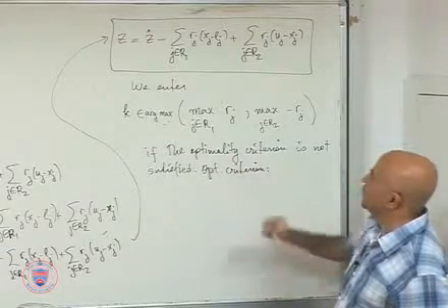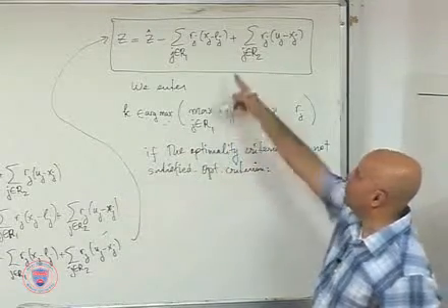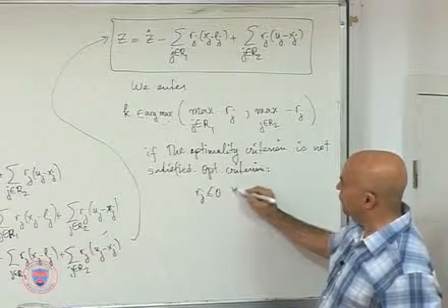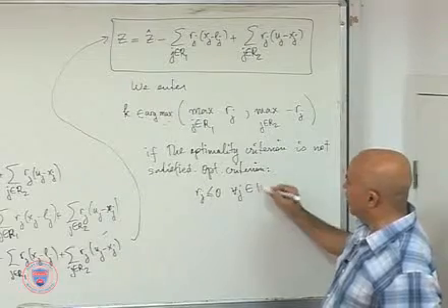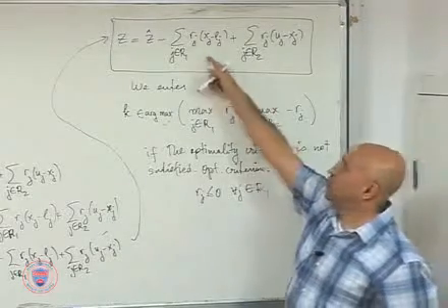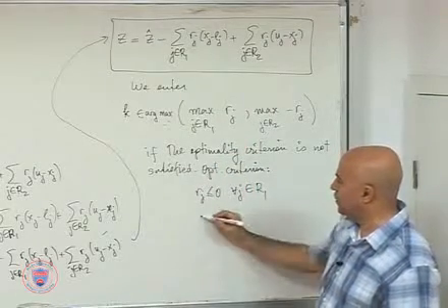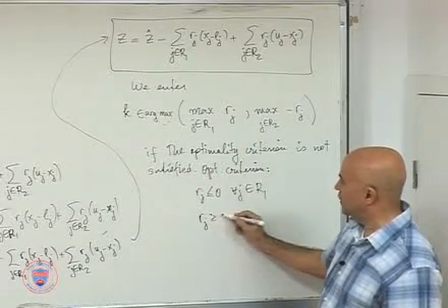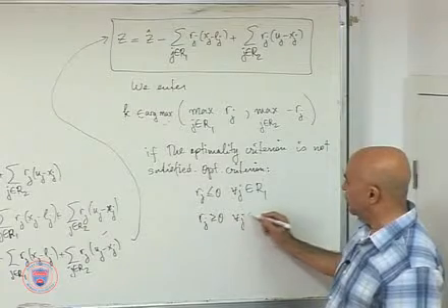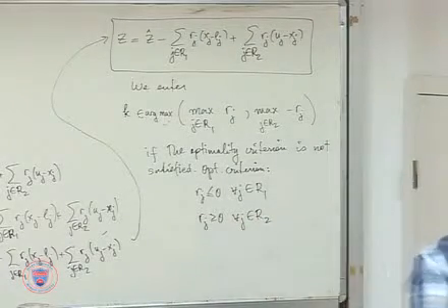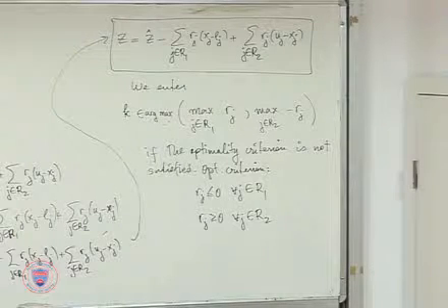The optimality criterion for a minimization problem is that you want Rj less than or equal to 0 for every j in R1. So nothing qualifies in the first set that can improve the objective value. And Rj is greater than or equal to 0 for every j in R2. That's your optimality criterion for minimization.